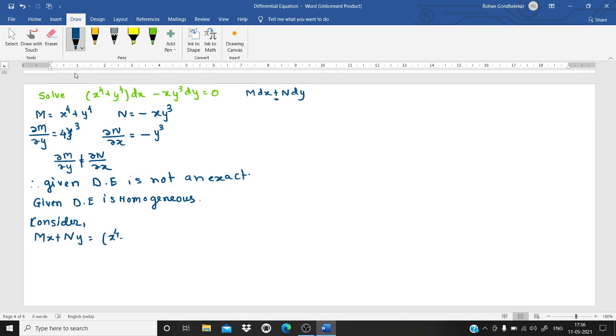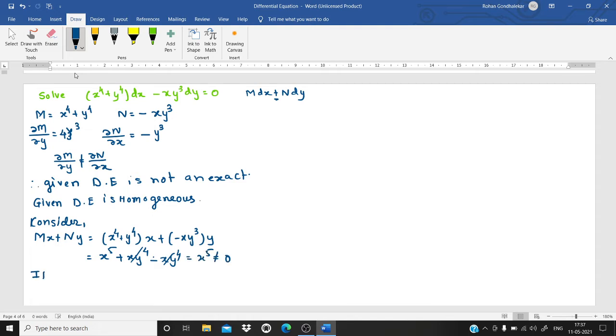M is x raised to 4 plus y raised to 4, into x, plus N is minus xy cube, into y. So what is the calculation? x raised to 5 plus xy raised to 4 minus xy raised to 4 gets cancelled. The answer is x raised to 5, which is non-zero.